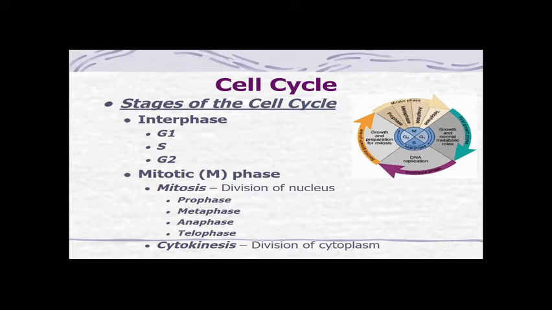Interphase is most of the cell's life. The mitotic or the M phase has mitosis, which has prophase, metaphase, anaphase, telophase, and then cytokinesis. And the M phase is when the cell will actually divide, and that's a much shorter amount of time than when the cell is in interphase.